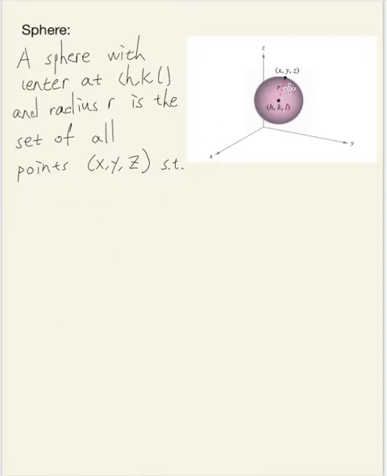Such that, well, as I said, the point on the sphere is characterized by distance r away from the center HKL. So what's the distance from this point to the center? It is square root of x minus h squared plus y minus k squared plus z minus l squared, and the distance being r.